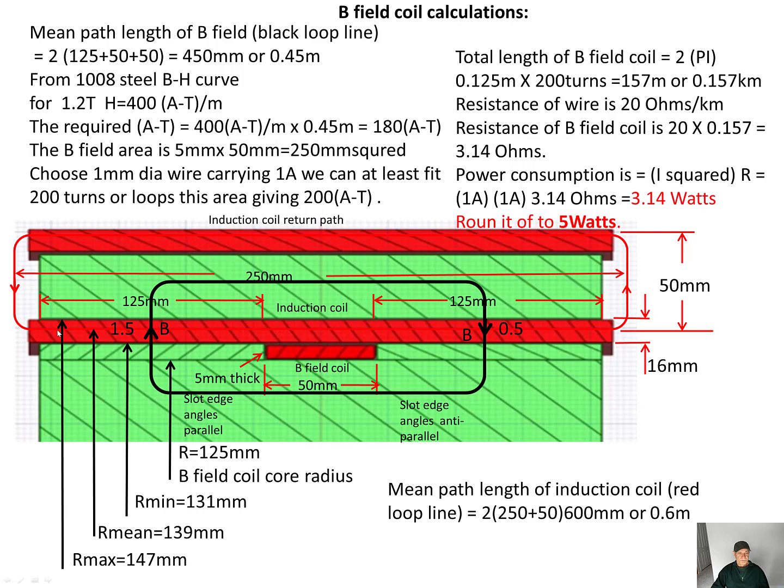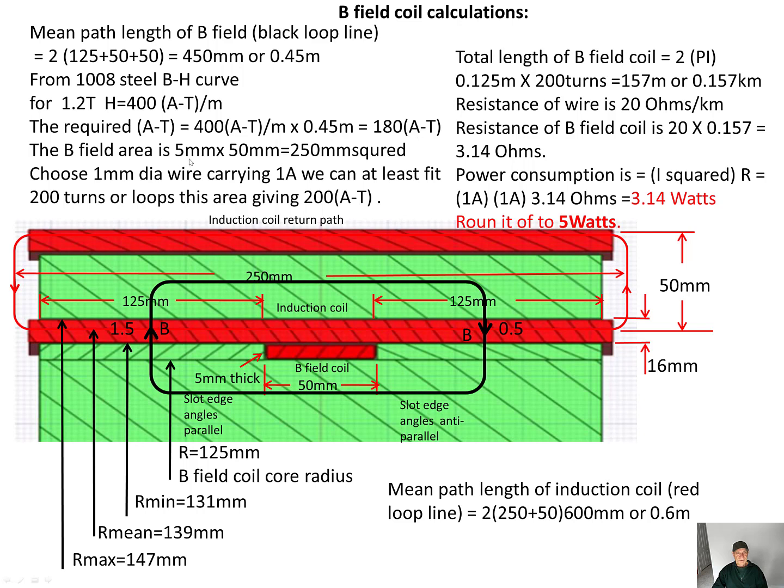This is 125, this is 50, so it's 450 millimeters or 0.45 meters. From the BH curve for 1.2 Tesla B field, H equals 400 ampere turns per meter. The required ampere turns is 400 ampere turns per meter times the magnetic path, which is 180 ampere turns.